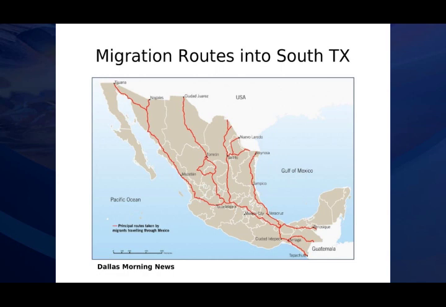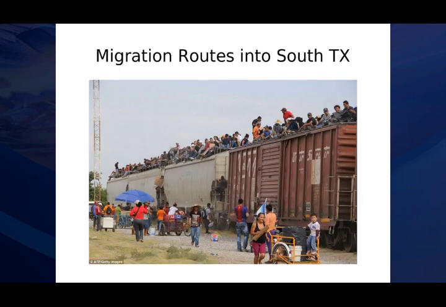We know that migrants take different routes into the United States, and these could have a bearing on where they come from. So some routes tend to be used more by Central Americans and others by Mexican migrants. And we know that a lot of them are taking very dangerous paths through Mexico and into the United States, such as riding the Beast, as it's often known.